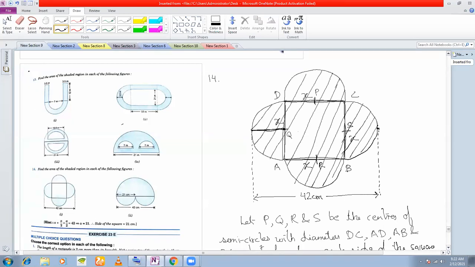Can I say this to be the radius of this semicircle? And from S, if I join this, can I take this to be the radius of the semicircle? And I join Q and S with the help of a dotted line.